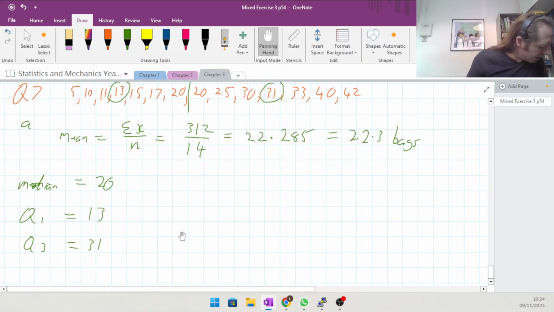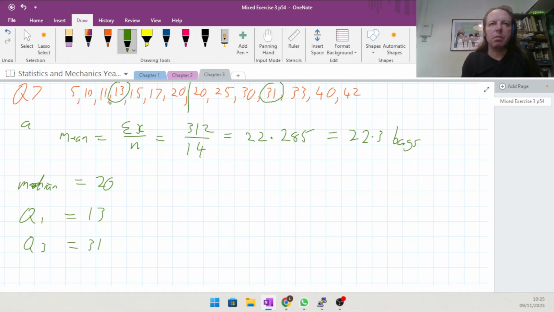Now determine whether or not any items of this data are outliers. They say an outlier is one that falls either 1.5 times the interquartile range above or below the quartiles.